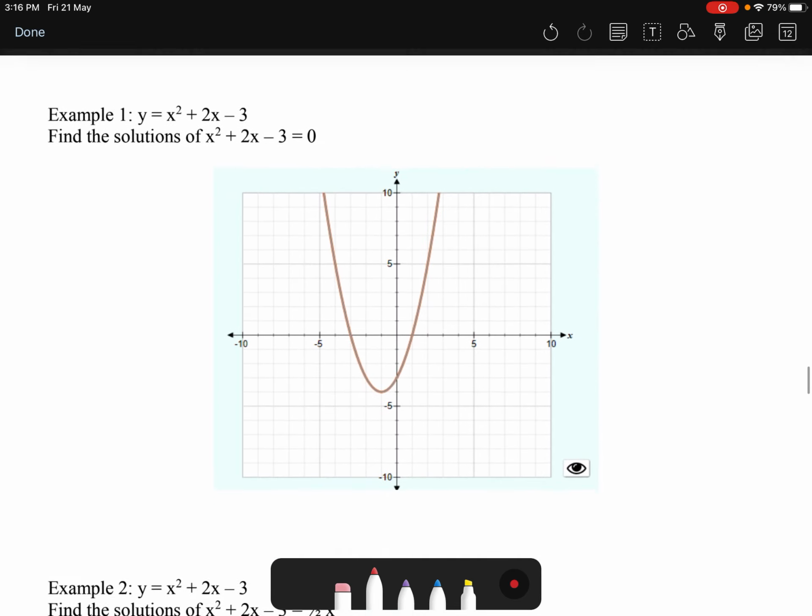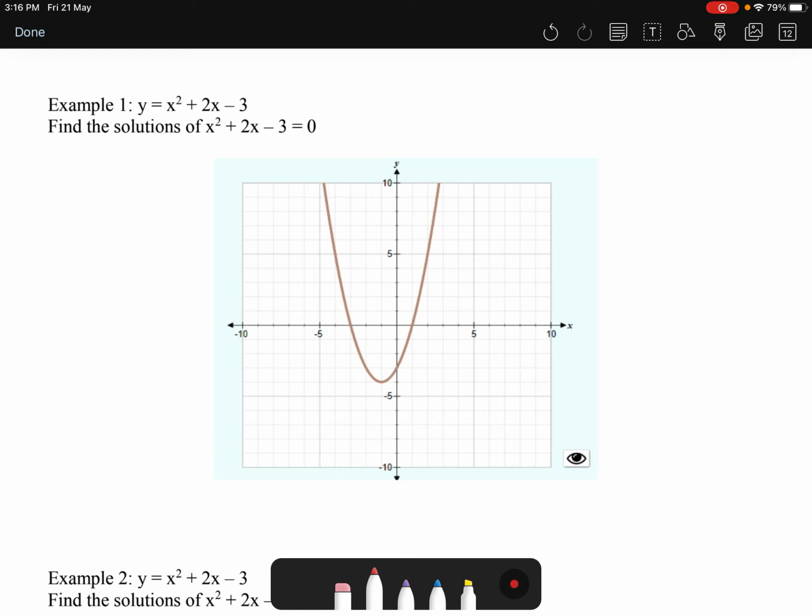Let's just say we have this example. We have y equal to x squared plus 2x minus 3. This is our first graph. They say, find the solution of x squared plus 2x minus 3 equal to 0. You notice that the y is gone.